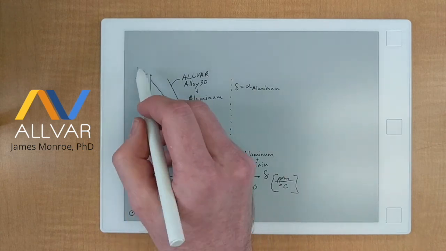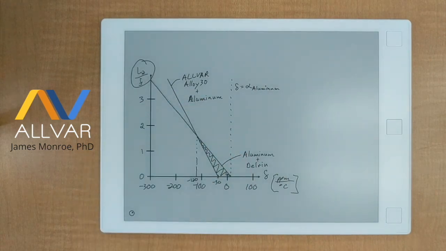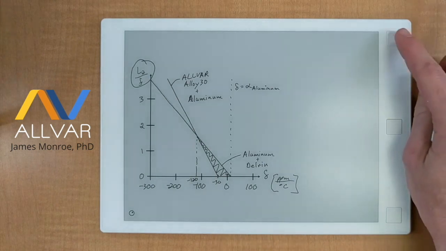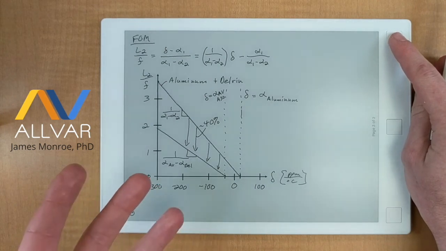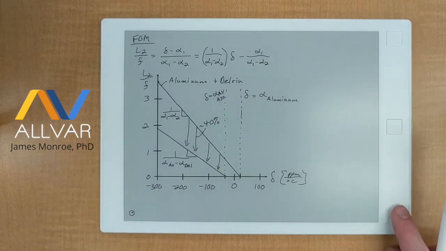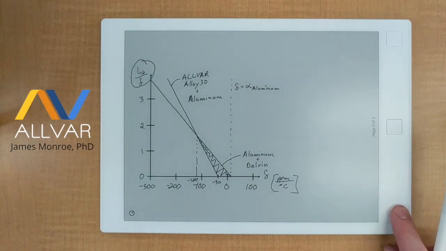Because of this figure of merit that we developed, we can now start to plug in different coefficients of thermal expansion and of different materials and start to really directly compare the results. So we can have a really good understanding of not just if it's going to save in the length, but how much it's going to save.